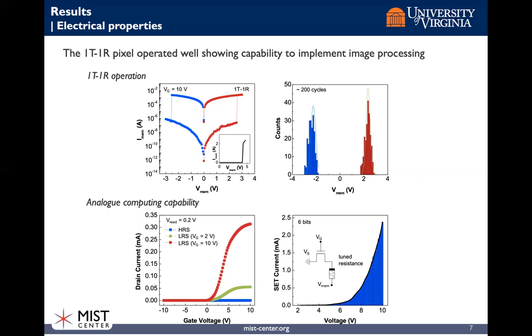We tested this system over 200 cycles, and it shows about 6-bit resolution for the analog computing operation. As you can see from the top figures, it shows reliable performance for the off current and the on state. Also, it shows reasonably high bit depth that is sufficient to operate our algorithm for the image processing.